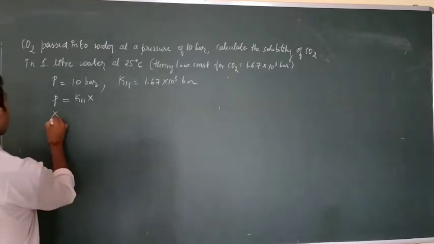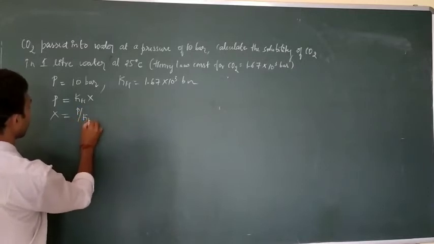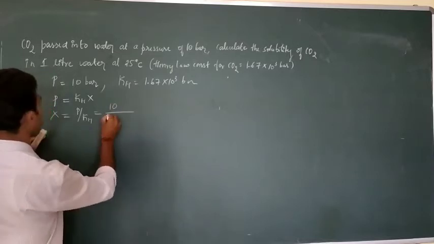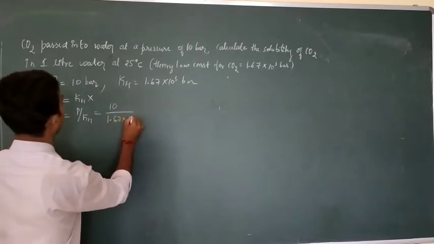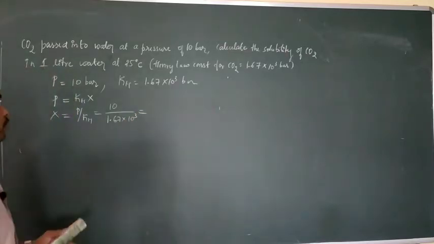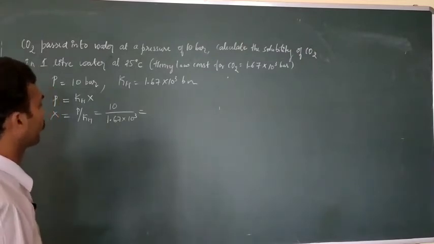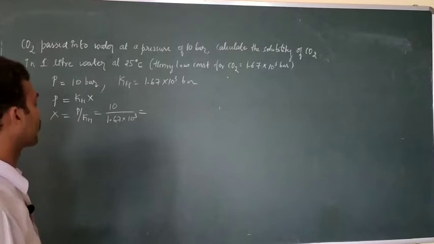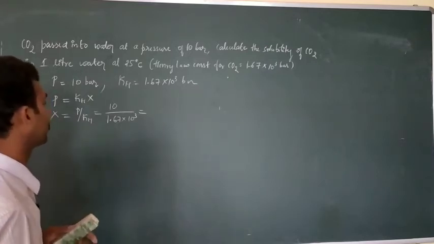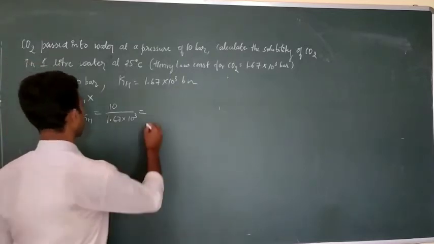So x is equal to P divided by kH, so 10 bar divided by 1.67 into 10 to the power of 3. Solving it, 10 to the power of 2 goes on top, so it becomes 10 to the power of minus 2, right? So 100 divided by 1.67.